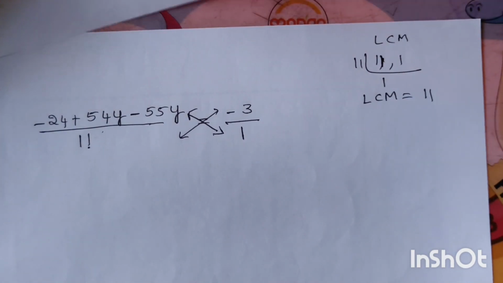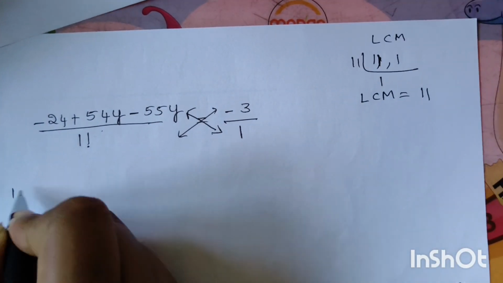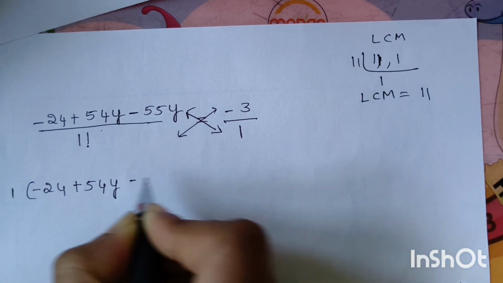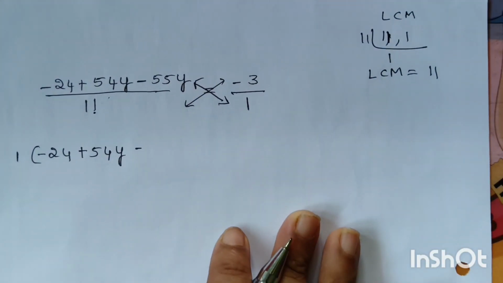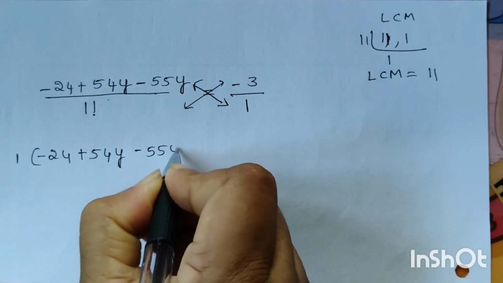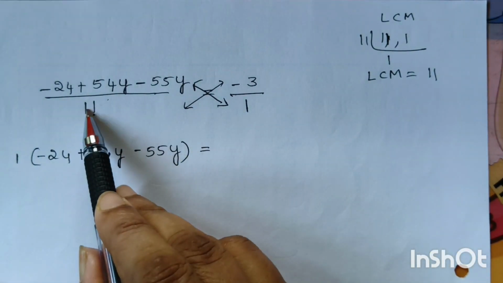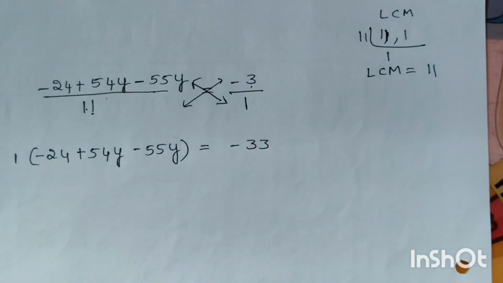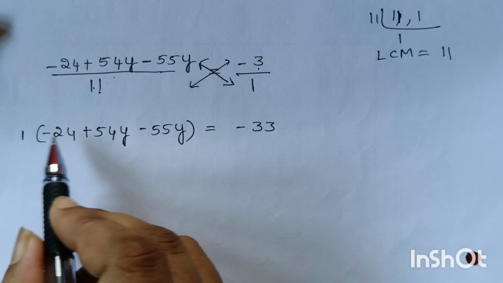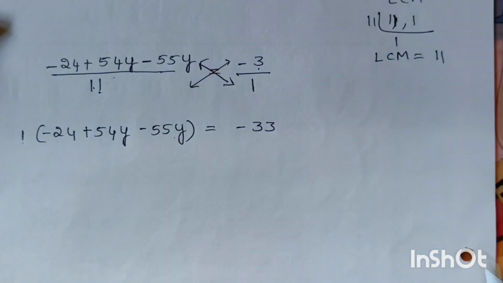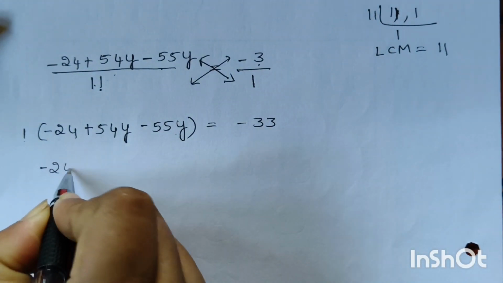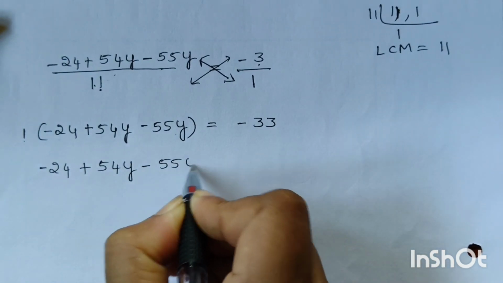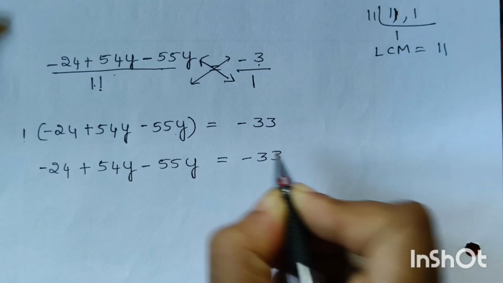Okay, that is 1 into minus 24 plus 54y minus 55y is equal to 11 into minus 3, which is minus 33. 1 into this one, we will get the same answer, that is minus 24 plus 54y minus 55y is equal to minus 33.